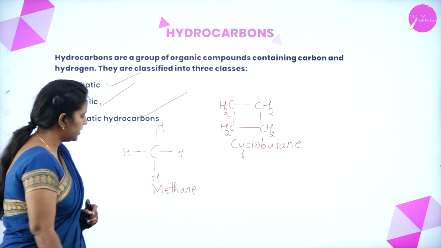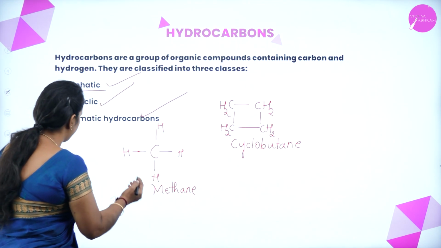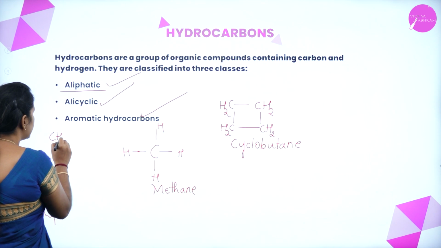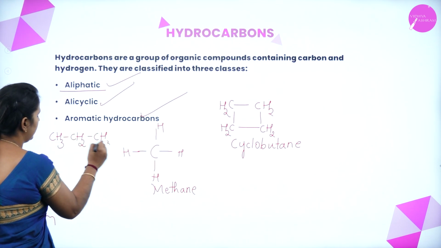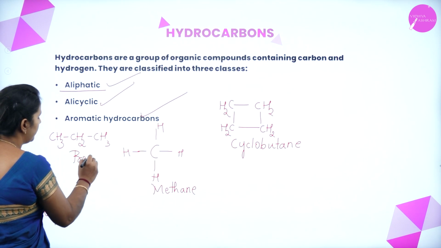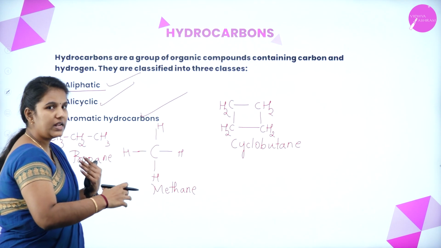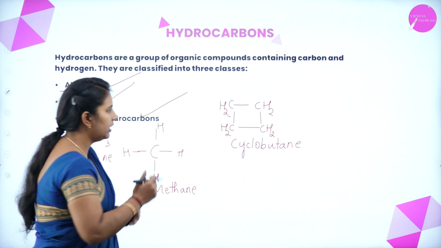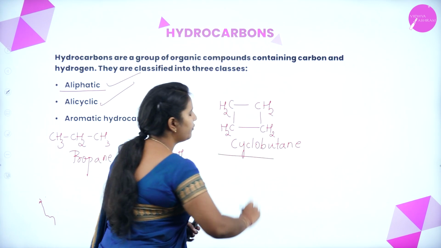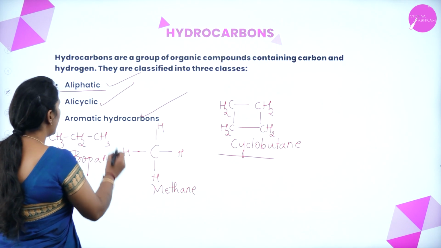You can write one more example to understand aliphatic hydrocarbon: CH3, CH2, CH3. This is propane. All carbon atoms are arranged in a straight chain. If it is present in a cyclic structure, then we say it is alicyclic hydrocarbon. And we have one more hydrocarbon, the aromatic one.